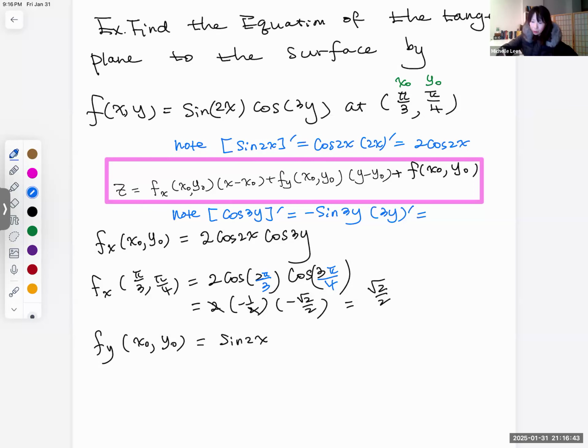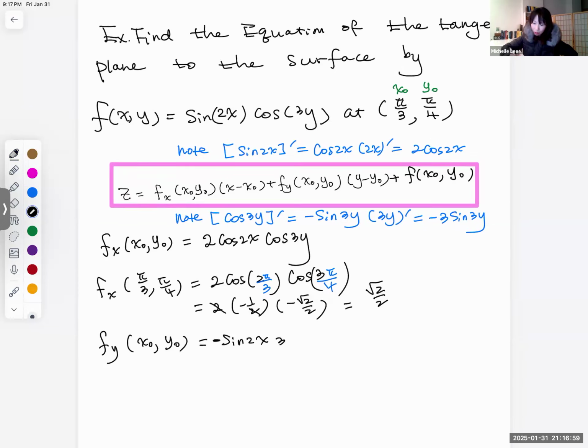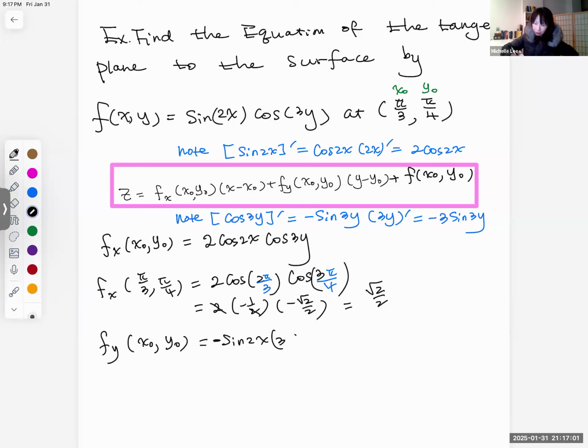So we have a 3. So negative 3 sine 3y, right? Okay, now sine 2x and negative. Put the negative in front. 3. Ooh. We should put the 3 in front too, right? Sine 3y. Okay, let me put the constant 3 in front. So we will get negative 3 sine 2x sine 3y, right?